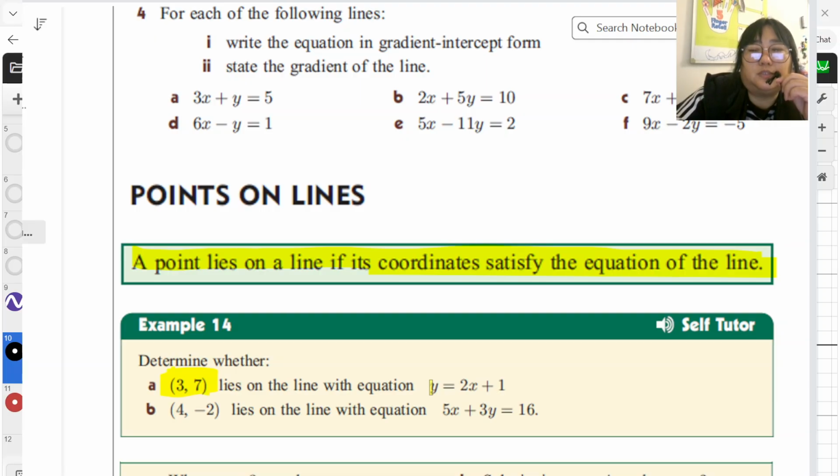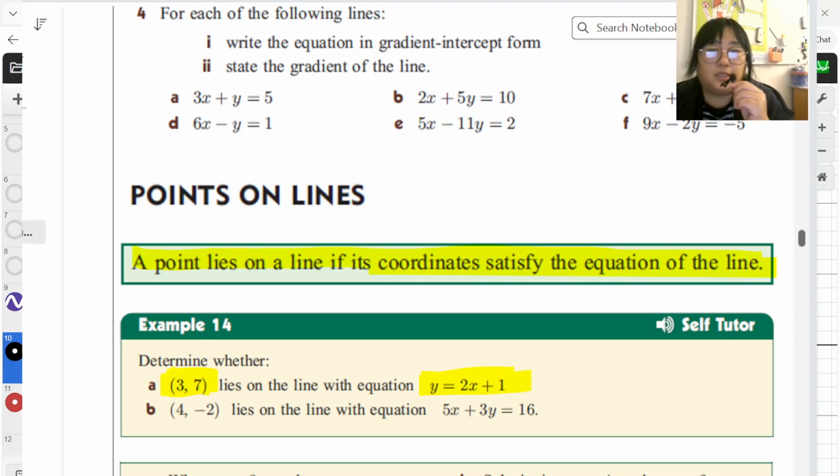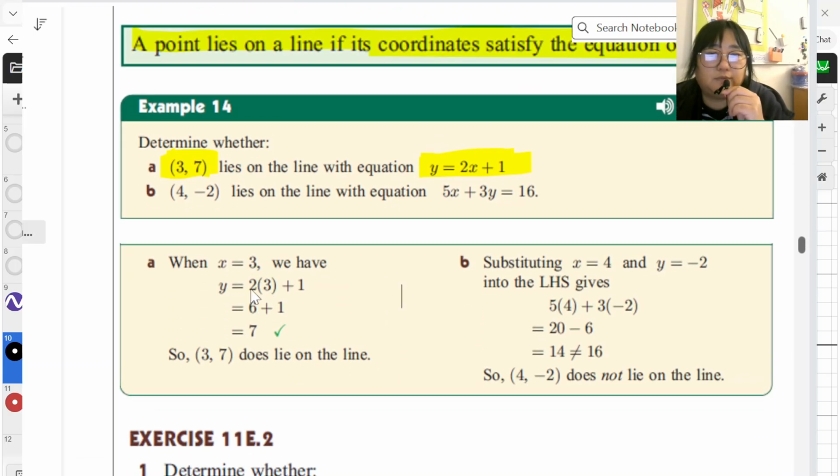So for the point (3, 7) on this equation, that means your x equals 3 and you figure out what the y value is at the same time. So x equals 3, replace your x with 3, so 2 times 3 plus 1 is 7. So that means (3, 7) does lie on the straight line.